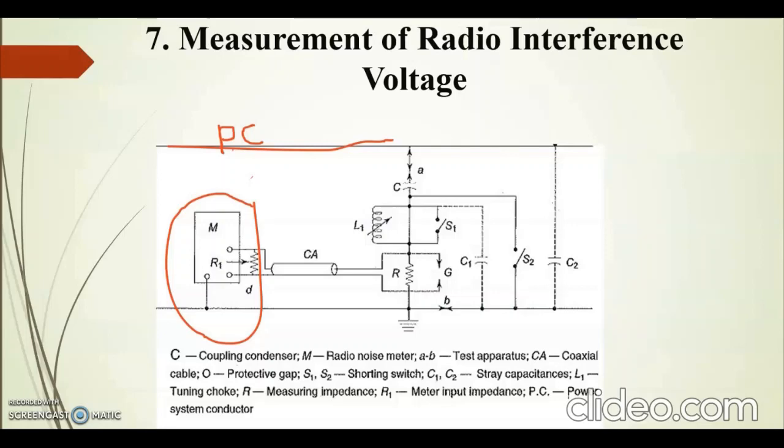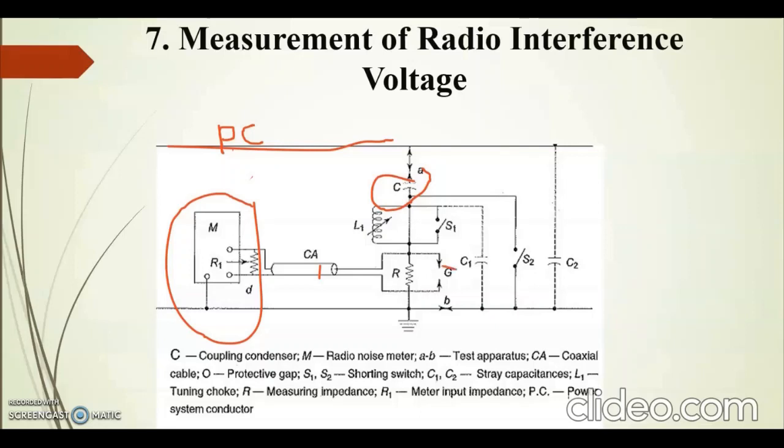So basically the first circuit which I have mentioned already is according to the British standard, and this circuit is approximately the same. See, this C will now also act as a coupling capacitor. This CA is a coaxial cable. This R will act as a collector, that is, it is a measuring impedance that will sense or collect the radio frequency signal.